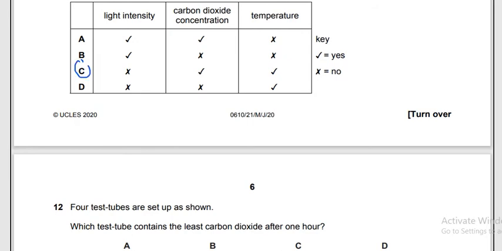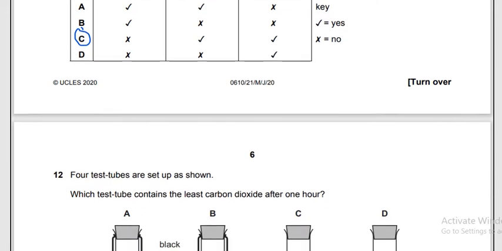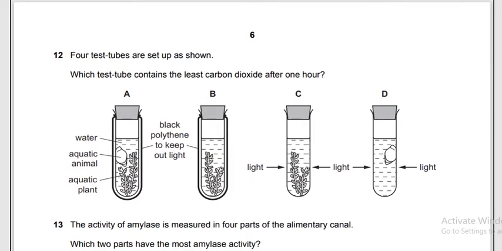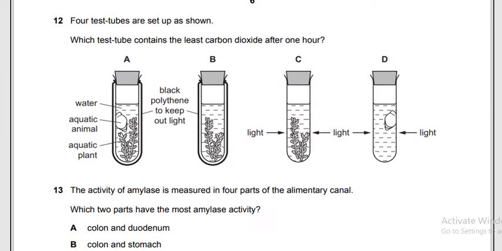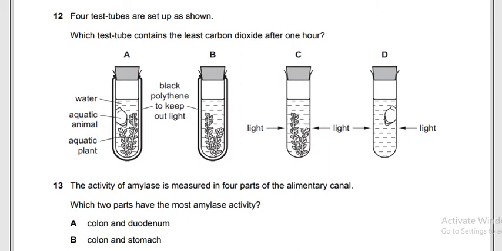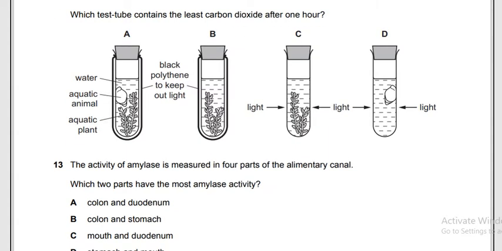C. Number 12. Test tubes are set up as shown. Which test tube contained the least carbon dioxide after 1 hour? What you should look at in questions like this is the conditions surrounding the test tube. Here you have water, aquatic plants, and aquatic animals, and it's covered with black polythene, so light cannot go into it.